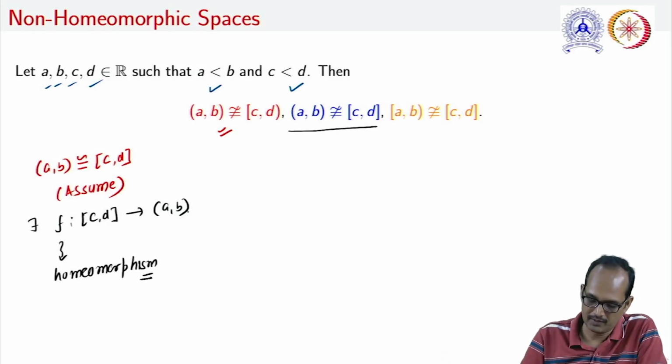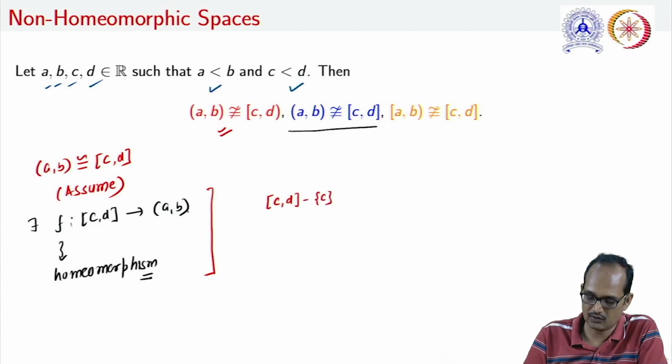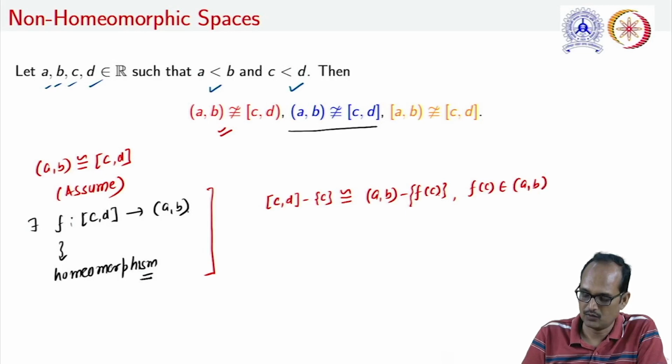Now, if we remove this c from this closed interval, that is [c, d] minus {c}, this should be homeomorphic to this open interval (a, b) minus the singleton set {f(c)}, where f(c) belongs to this open interval (a, b). Again, this is nothing but a semi-open interval (c, d], which is homeomorphic to (a, b) minus the singleton set {y}, where y is equal to f(c).